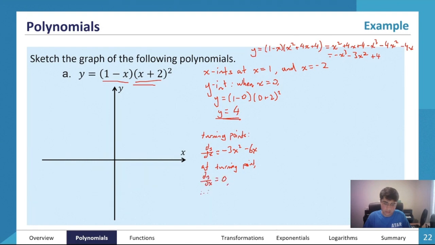So therefore we have 0 equal to negative 3x squared minus 6x. We can factor out an x there. In fact, we can factor out a 3x there. Actually, we'll change that to negative 3x. So we're factoring out a negative 3x.